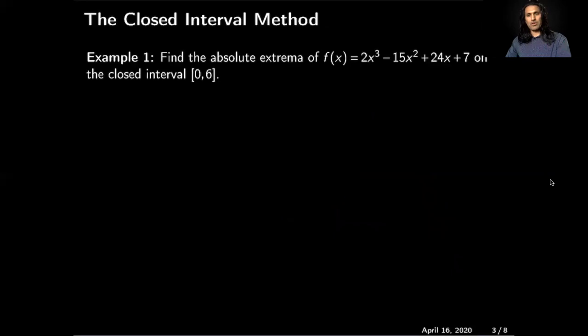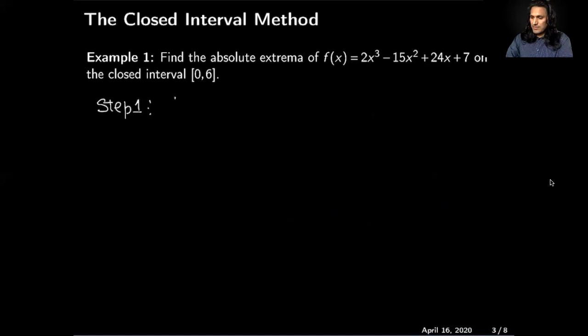So here you have a polynomial function. I will calculate the absolute max and absolute min by calculating the critical values of this function first. To find the critical values, I will calculate the derivative of this function first, in step number 1.